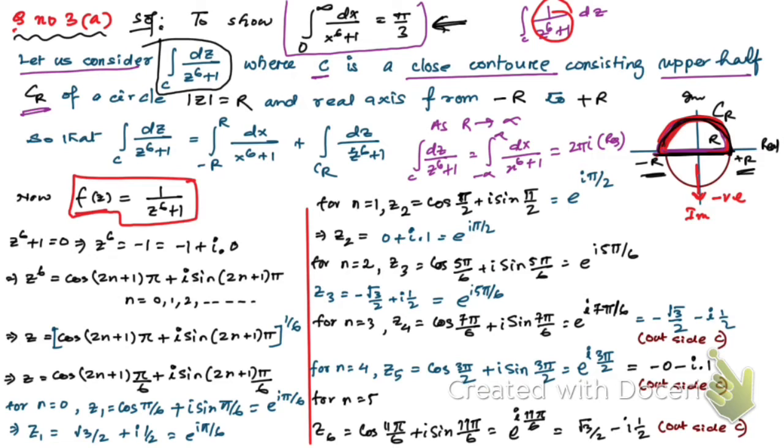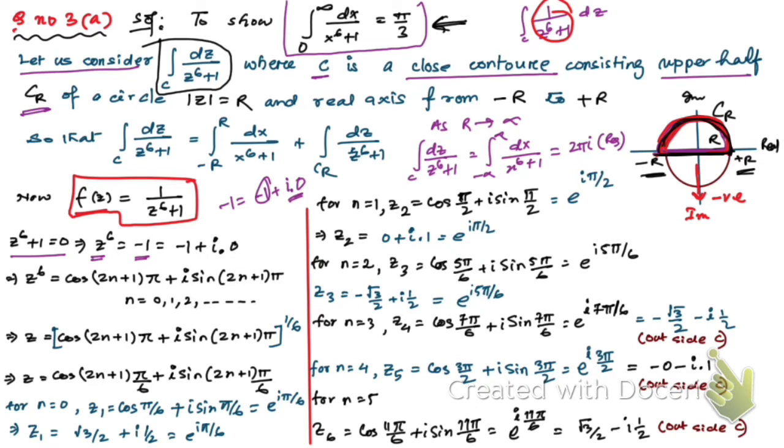Then we have to find the poles by equating the denominator to 0, and here we get z to the power 6 equal to minus 1. Minus 1 can be expressed as a complex number, minus 1 plus i into 0, because the imaginary part is missing, so we can consider i into 0.